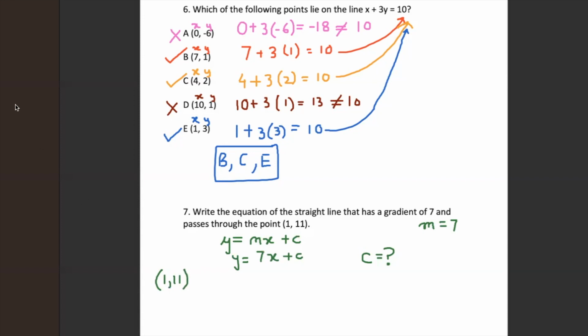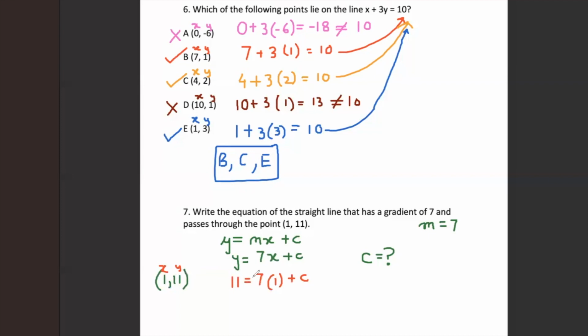So we are going to substitute this value in our equation here. So y is 11 and x is 1. So instead of y, we're going to write 11, and instead of x, we are going to write 1. So we are rewriting this equation by substituting the values of x and y.